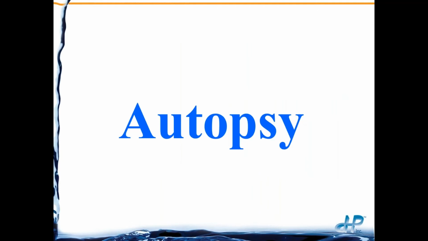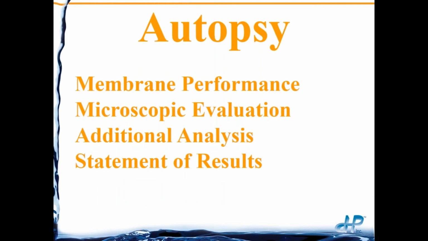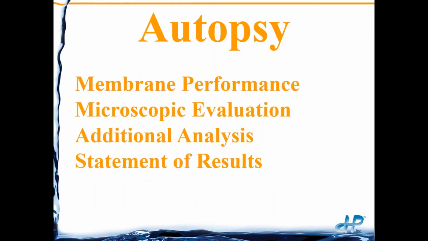So now, getting into the actual autopsy itself, our autopsy reports are going to have the breakdown we're seeing here on the page, with our introduction, information, shipping and receiving, and so forth. We'll get into the external construction, internal construction, foulant evaluation, membrane performance, microscope evaluation, and then additional analysis and statement of results.